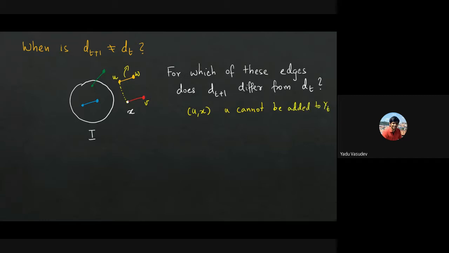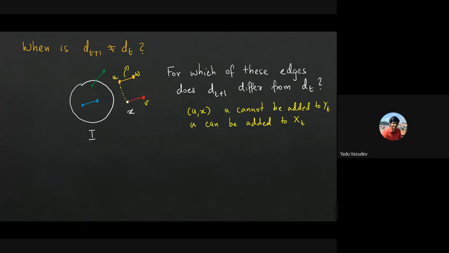It's not that it will always happen, but it can happen. U can be added to XT.